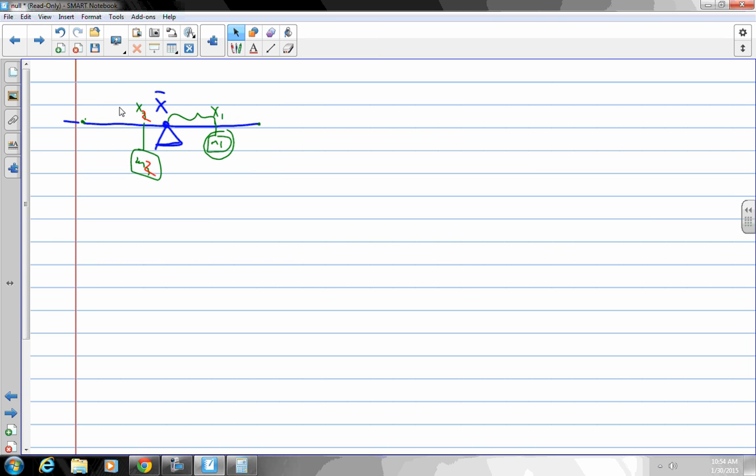Okay, so in this case we have moment 1 equals the product of the mass times the distance, so it's x1 minus x bar.